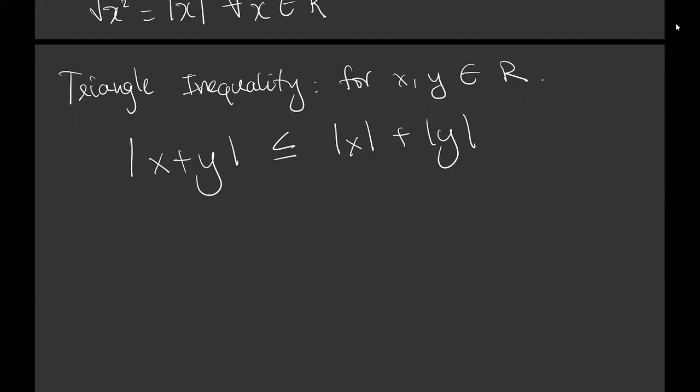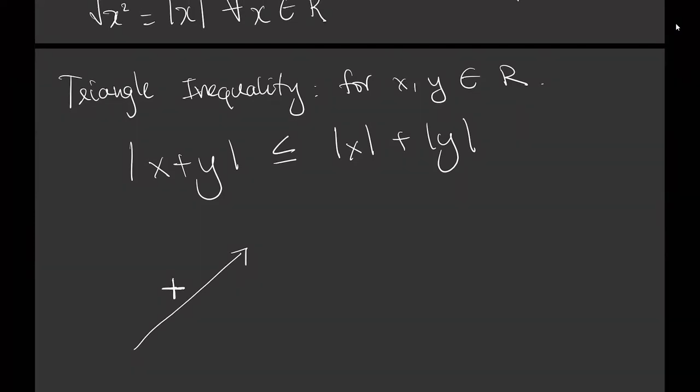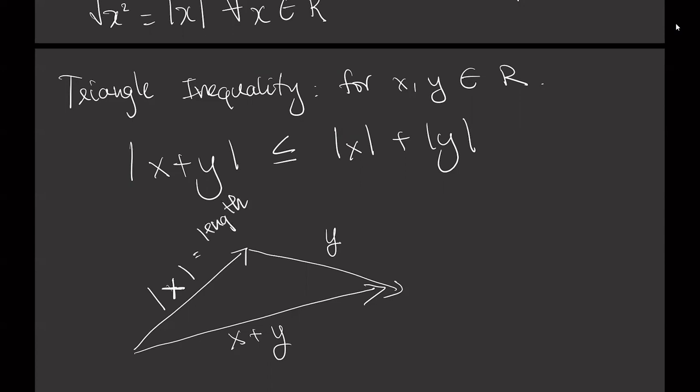This one is a bit out of the scope for the course, but I still want to let you know. If you have heard about vectors, you know that you can represent this vector. Let's call this one vector x, and this one vector y. Then the vector x plus y is in this direction. This one is called the x plus y vector. For the x vector, the absolute value of x represents the length of the vector, which is the length of this line.